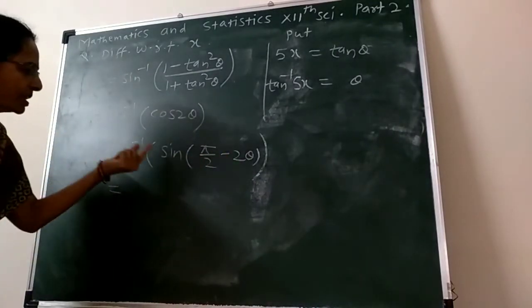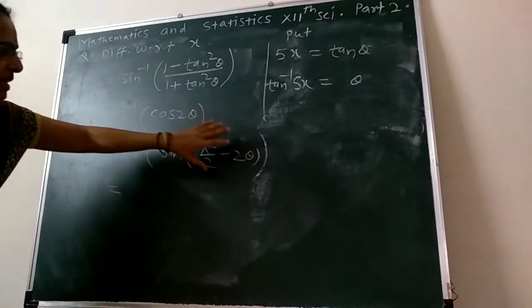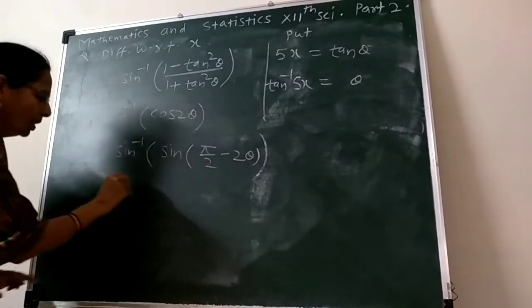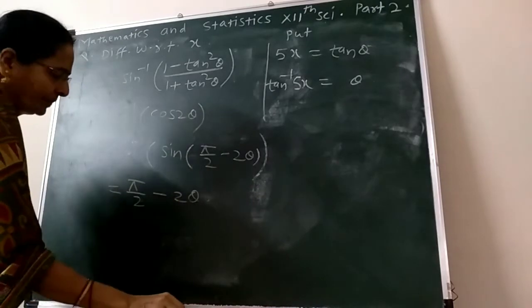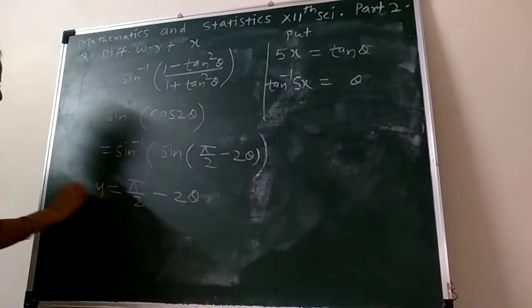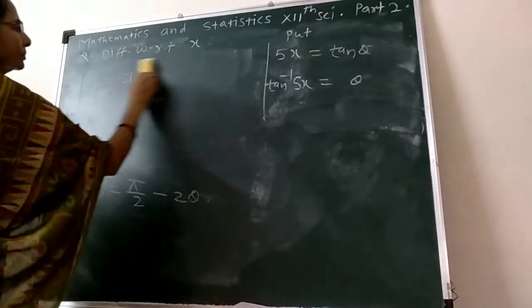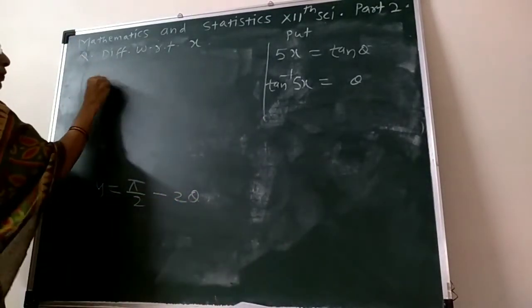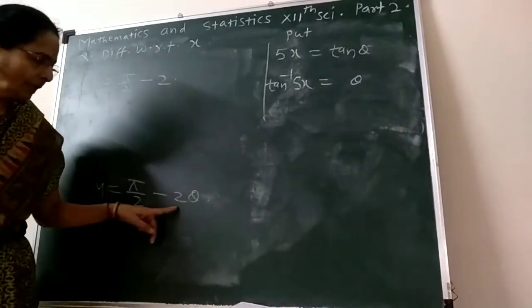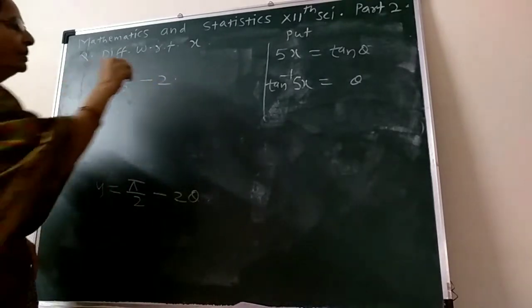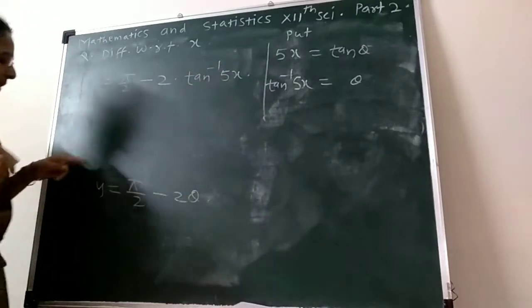So sin inverse sin x is x, so the value is pi by 2 minus 2 theta. This is the value of y, equal to pi by 2 minus 2 times theta, where theta is tan inverse 5x.